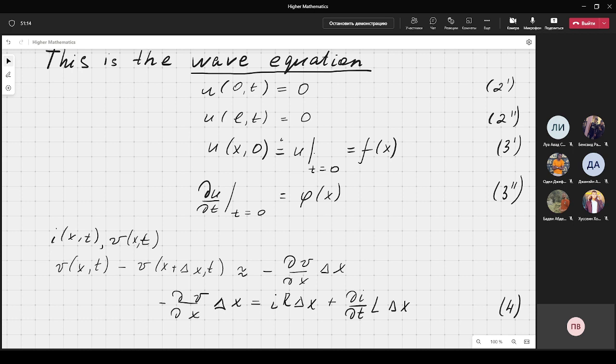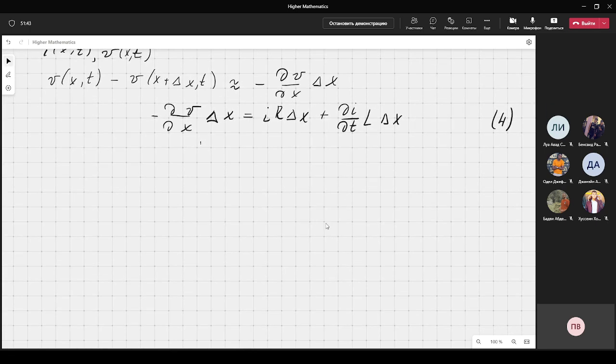The minus sign indicates that the current flow is in a direction opposite to the build-up of V. Cancelling out delta x, we get the equation dV over dx plus IR plus L times dI over dt equals 0. Formula 5.